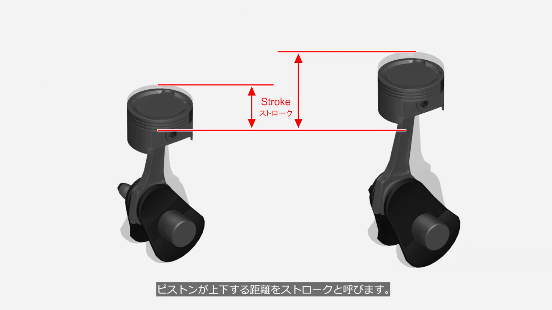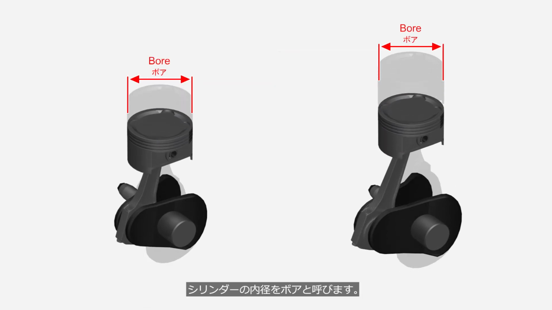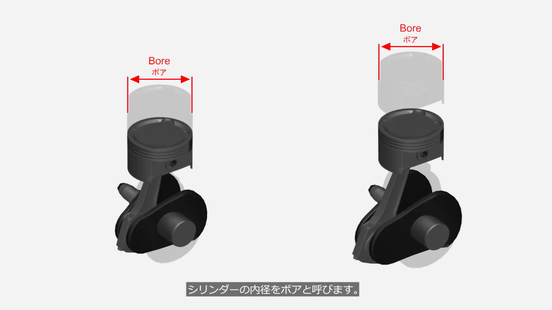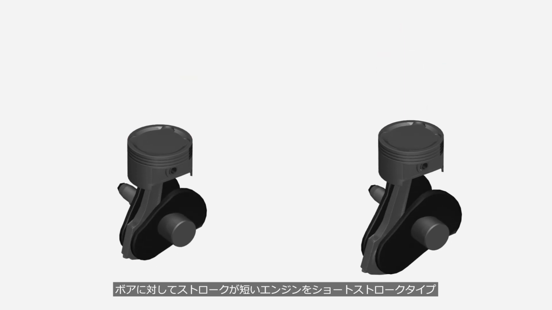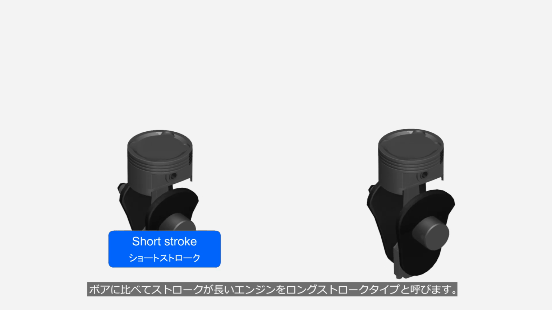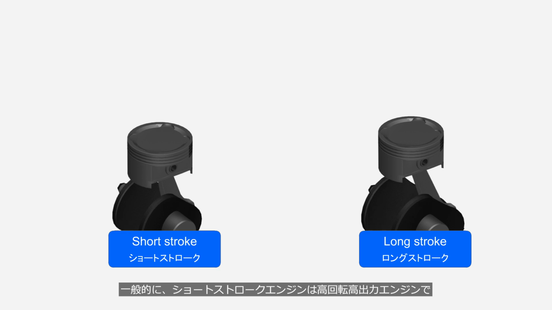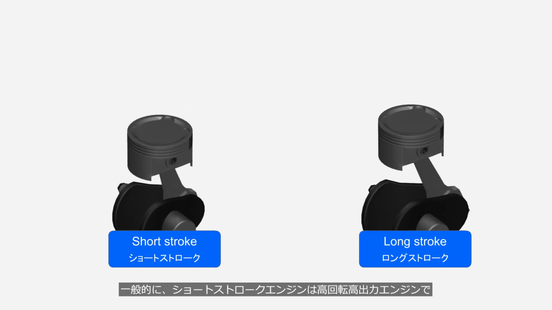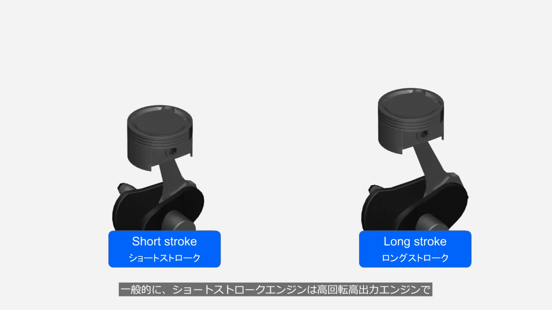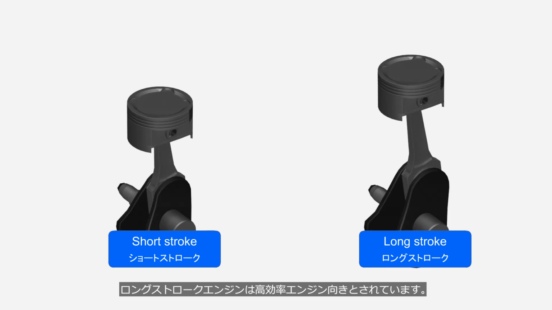The distance that the piston moves up and down is called stroke. The inner diameter of the cylinder is called bore. An engine with a stroke shorter than the bore is called a short stroke type, while an engine with a stroke longer than the bore is called a long stroke type. Generally, short stroke engines are considered high engine speed, high power engines, while long stroke engines are more suited for high efficiency applications.